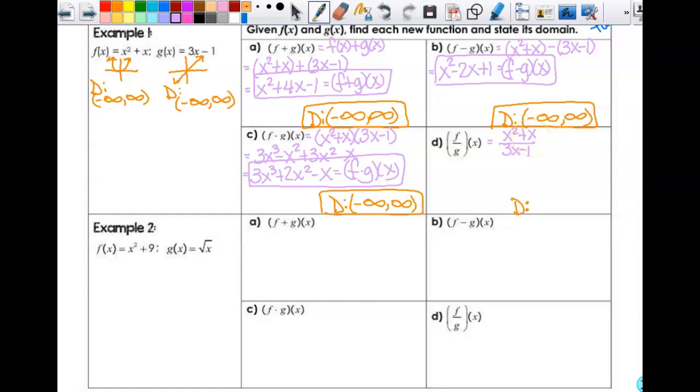No. It's possible that I could still reduce something, and I do have a GCF in the numerator, so you can factor that out, x times x plus 1, because I know sometimes you don't see it until you do it, over 3x minus 1. So now can I cancel this x with this? No, because this is still addition and subtraction. I can't cancel anything. That's it.